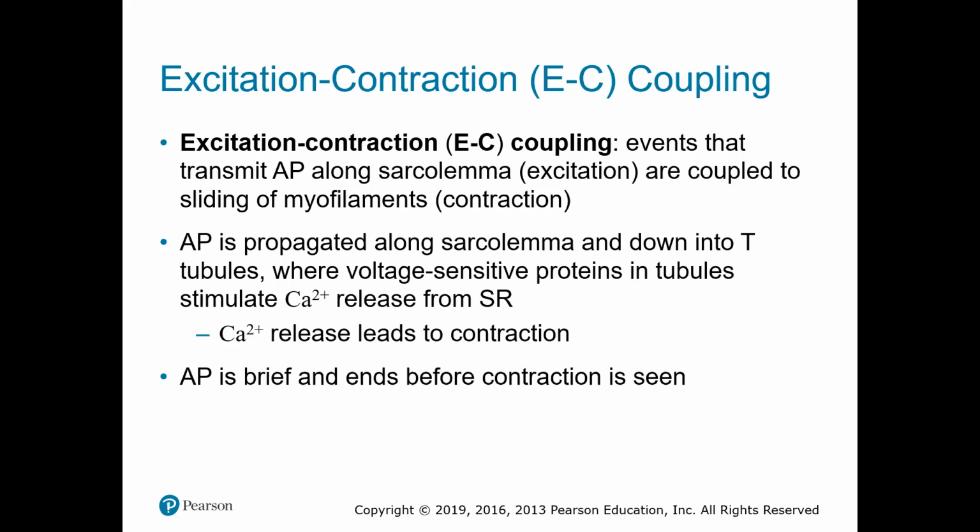The action potential gets down into the triads, the T tubule and the terminal cisterns on either end of the sarcomeres. And that action potential causes those triads, the cisterns, to open up and release calcium into the sarcoplasm. Remember, the sarcoplasmic reticulum contains lots and lots of calcium.